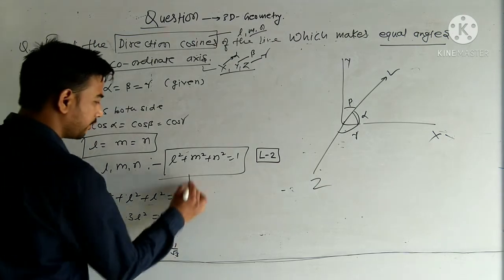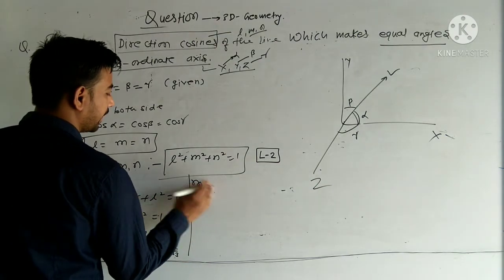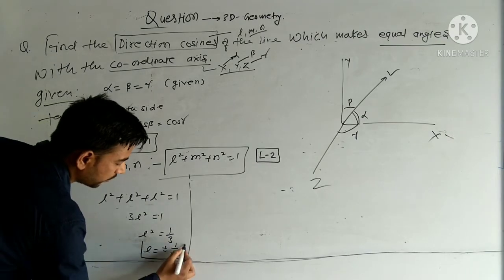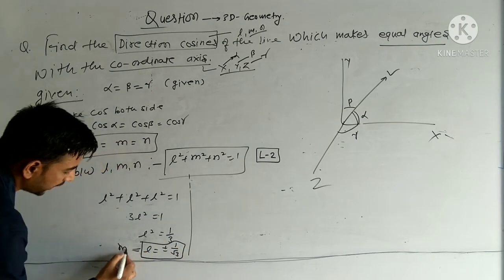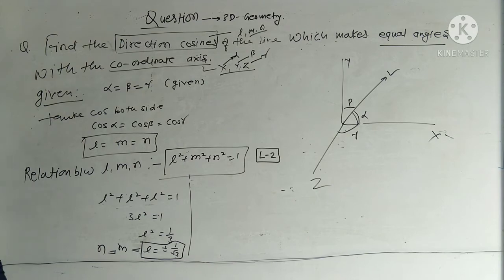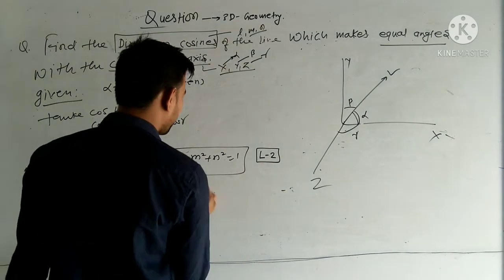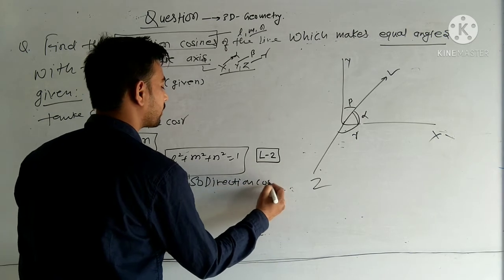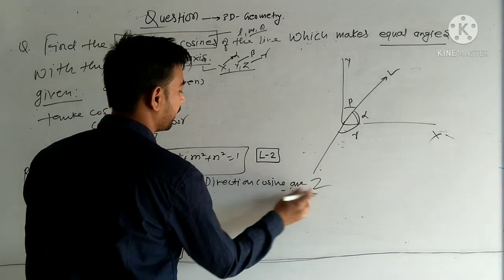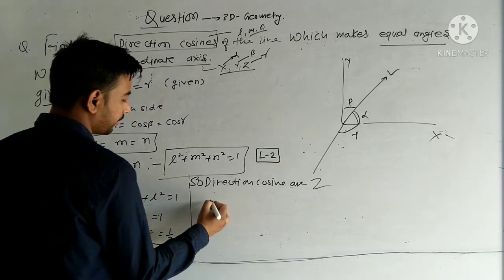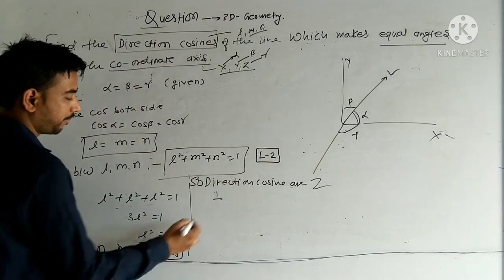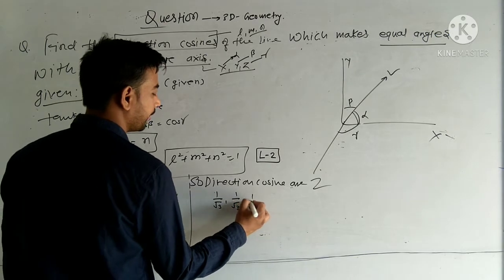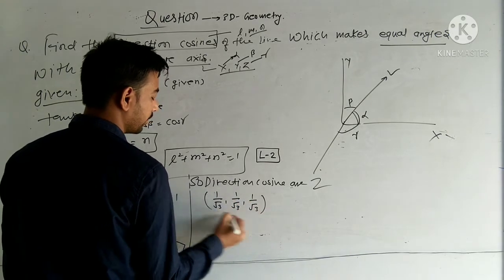So L value is this. So we can say M is also same. L value of this one is equal to M, this one is equal to N. So direction cosines are L, M, N. So first, if you take plus, then it is 1 by root 3, 1 by root 3, 1 by root 3.